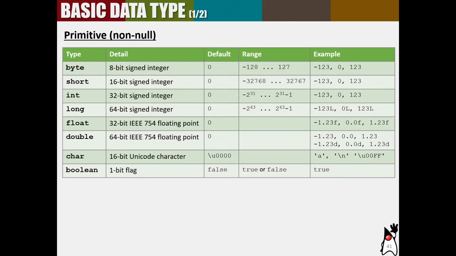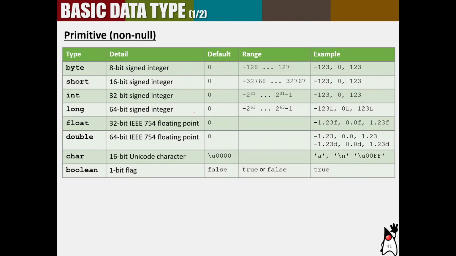The basic data types for numbers in Java are always signed. These primitive types, byte, short, integer, long, float, double, are all signed integers or signed floating numbers.